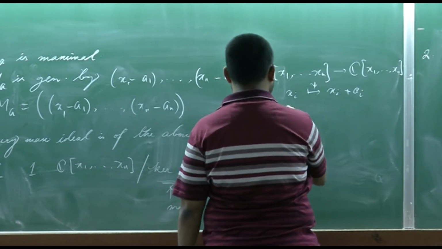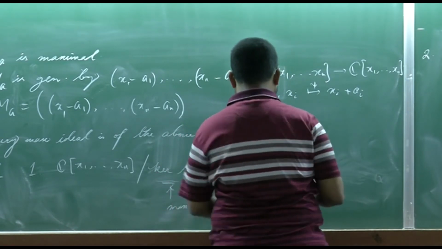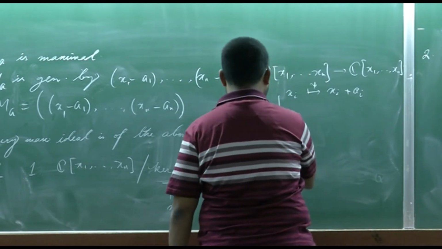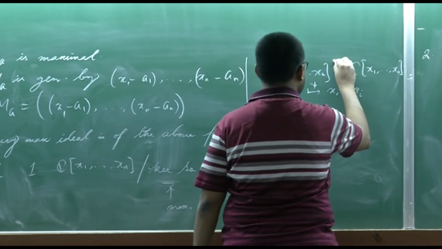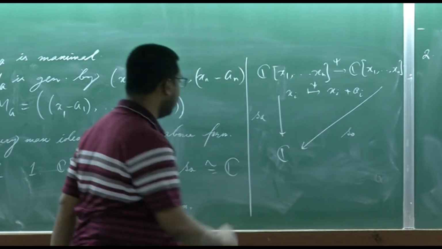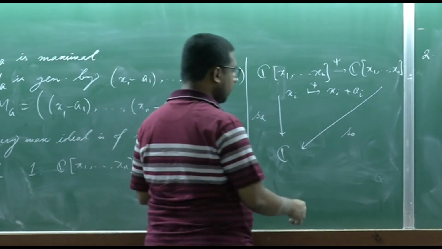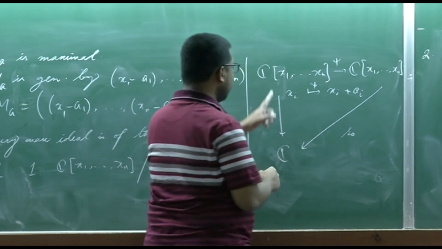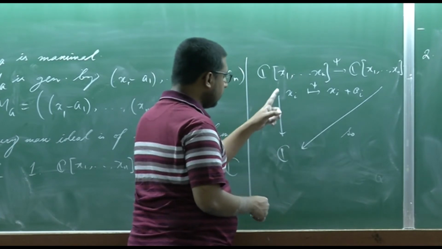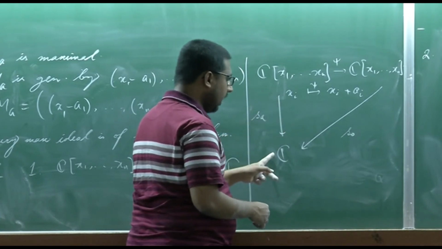Now you can immediately see that this SA and psi commute, because SA is the homomorphism that sends each xi to ai.